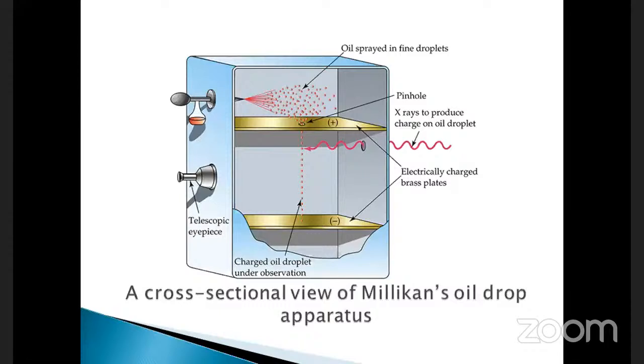Now, normally the oil droplets are supposed to be falling down due to gravitational force. But the high voltage is applied in the measure that will make the electric field force balance the gravitational force, such that the oil droplets become temporarily or momentarily suspended in the mid-air.